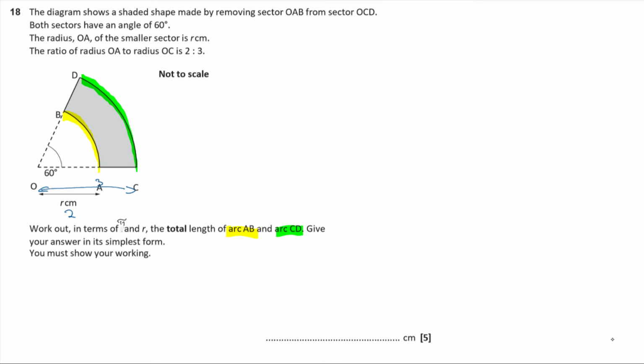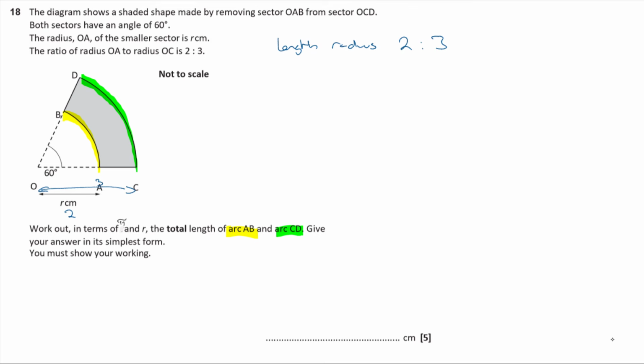Now, on one hand, it's a similar shapes problem, isn't it? Because if the lengths of the radius are in the ratio of 2 to 3, then so will the arc lengths. The arc lengths are going to be in the same ratio, aren't they? Because these are two similar arcs.